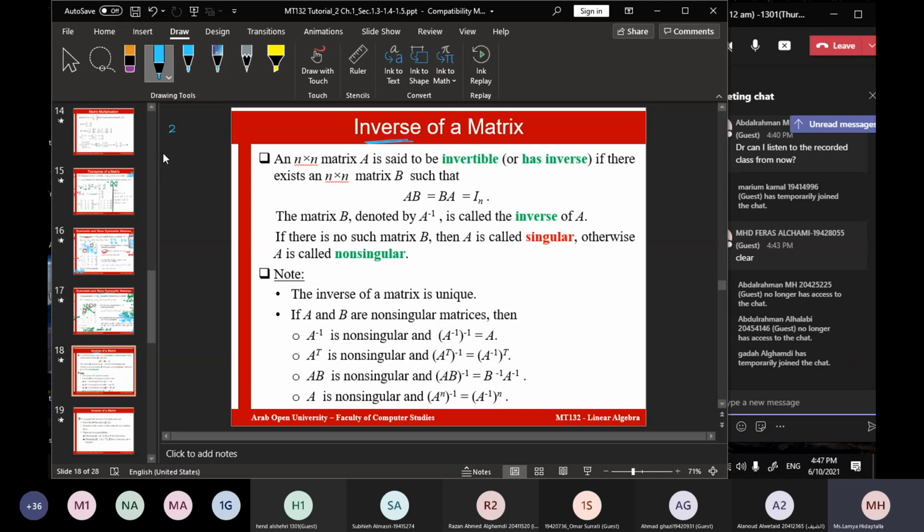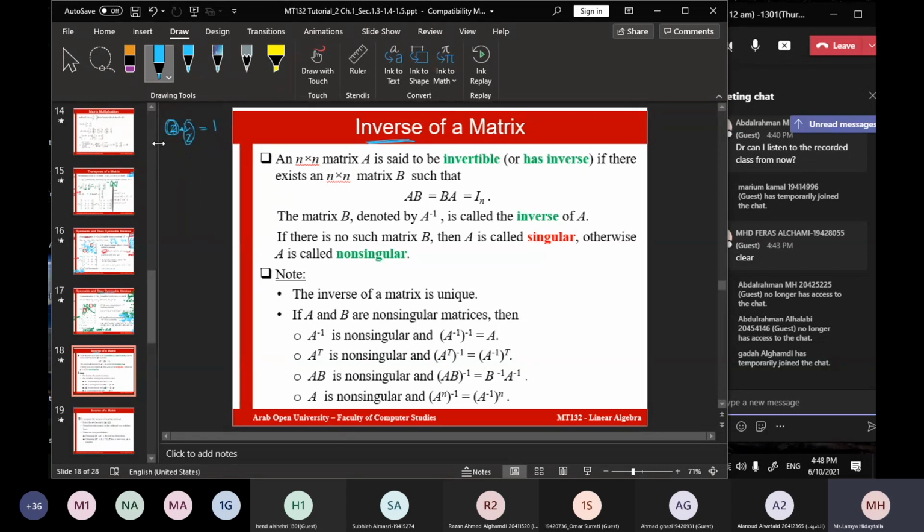Under multiplication, it is the number half. Why? Because when I multiply them, it gives me 1. So we say that half is the inverse of the number 2. And as well, the inverse of half is 2, because when I multiply by 2, it will give me 1.